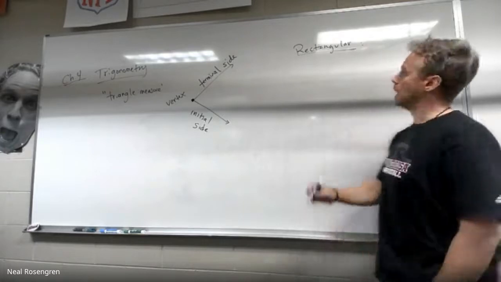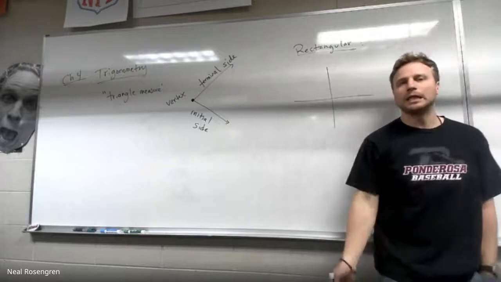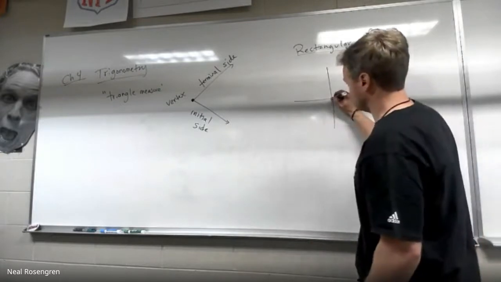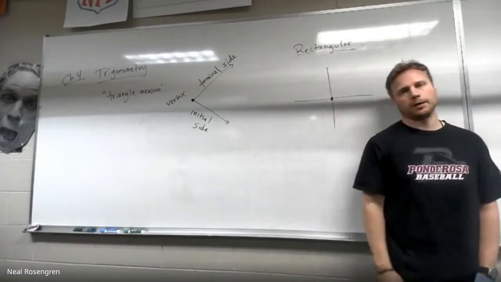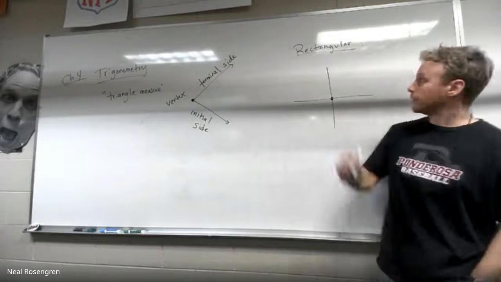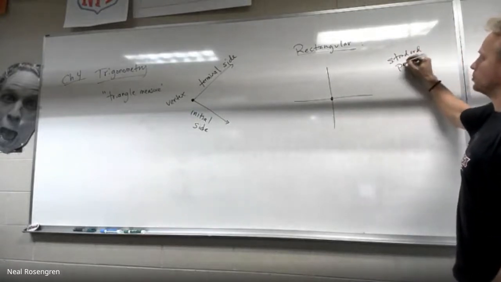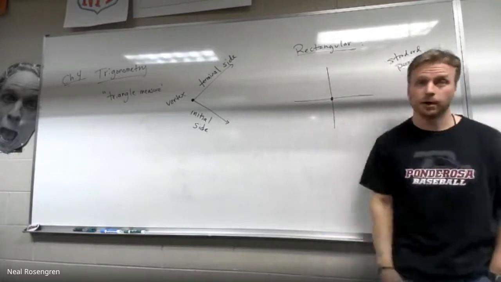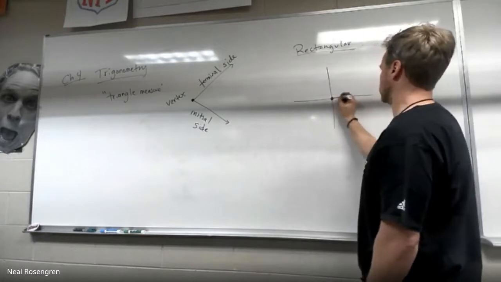So when I graph it on the Cartesian plane like that, it's really nice to pick a good spot for the vertex. How about the origin? And a good spot for the initial side, okay? And what we call standard position of an angle, drawing an angle in this Cartesian plane on a set of axes, the best spot is the positive x-axis, okay?